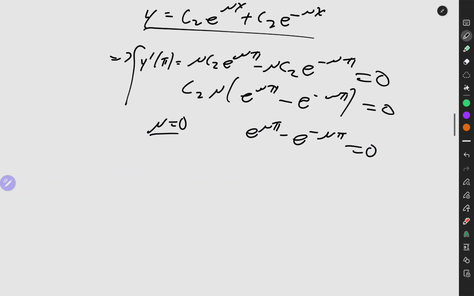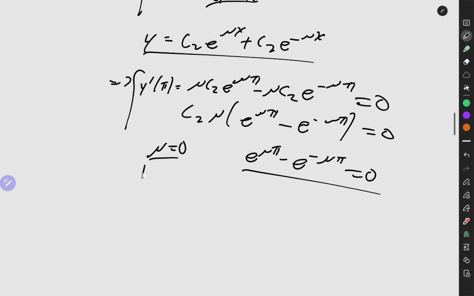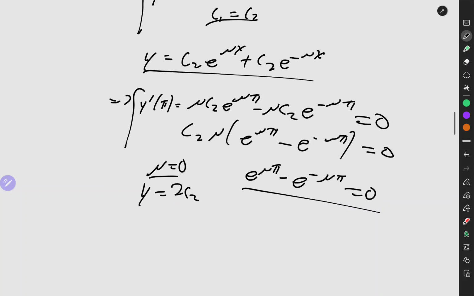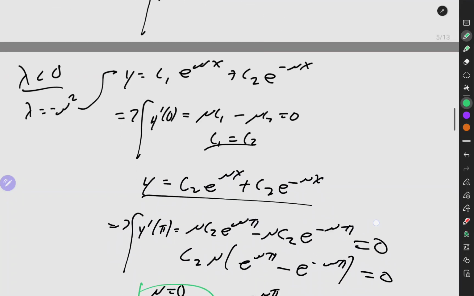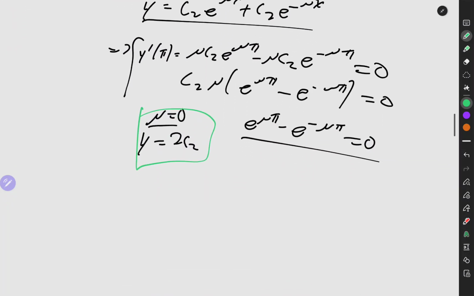For this one here, this would lead to y being equal to 2 C2, and that once again further confirms that we have y as being a constant again when mu is 0, which leaves us the same thing.